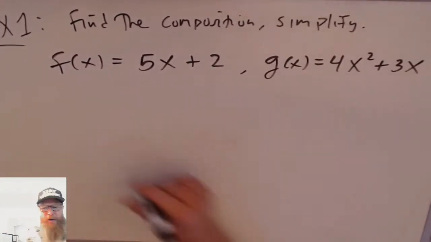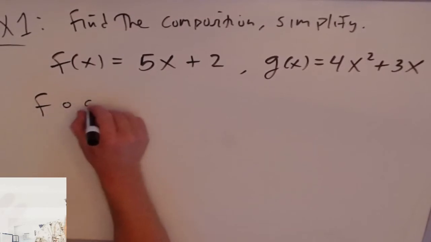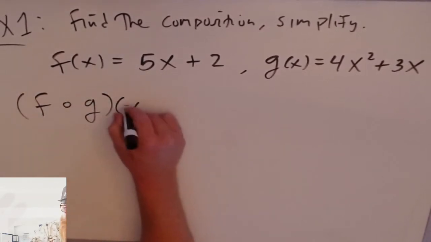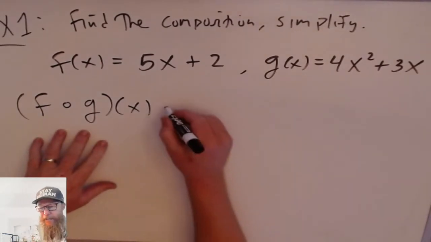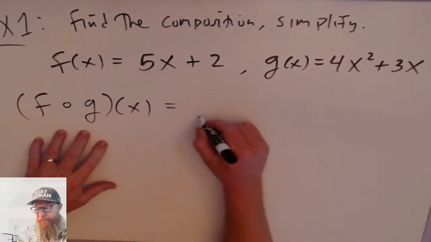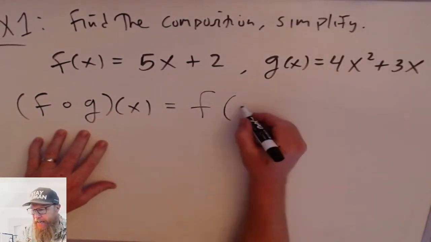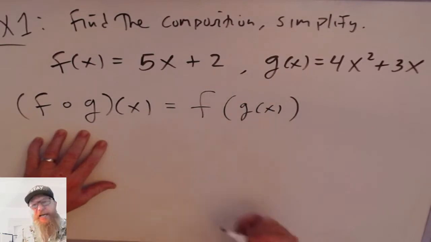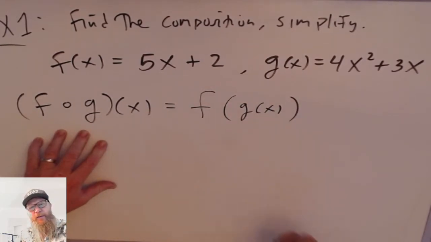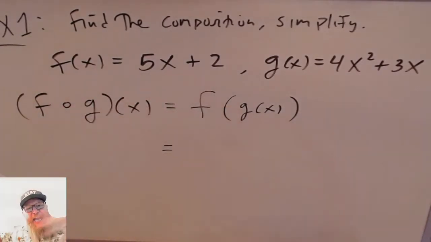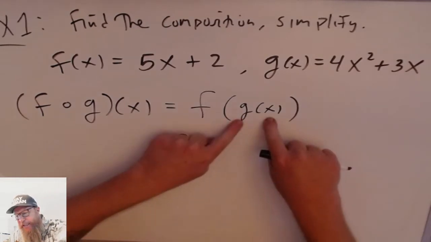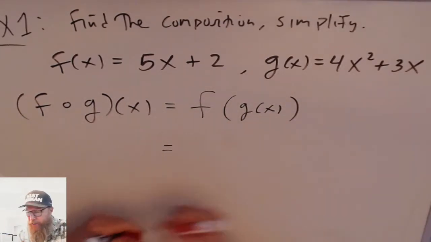The most common composition is called the fog, F-O-G. So since this is example 1, we'll start with that. So again, fog means to take the formula for f and input g inside of it. So f is the outer function and g is the inner function. So you'll hear me say that a lot.